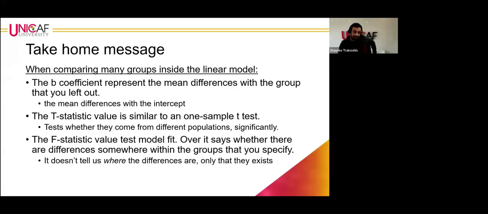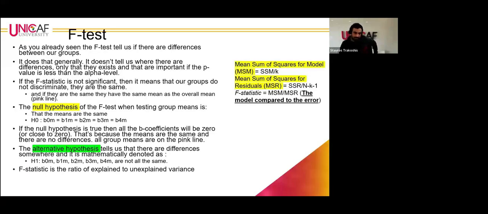The F statistic now, for the linear model that we haven't seen, tests model fit. It says whether there are differences somewhere within the groups, but it doesn't tell us where these differences are, only that they exist.